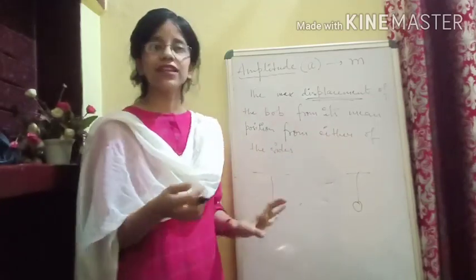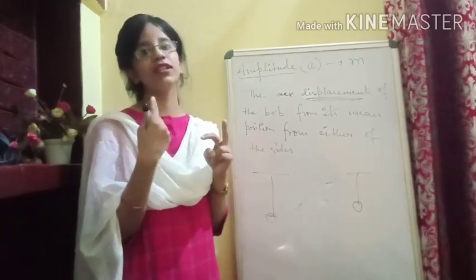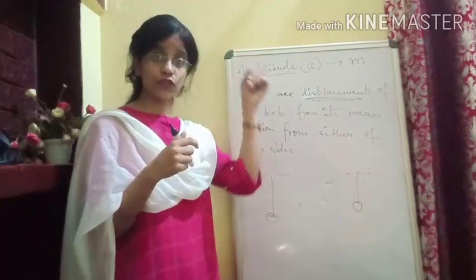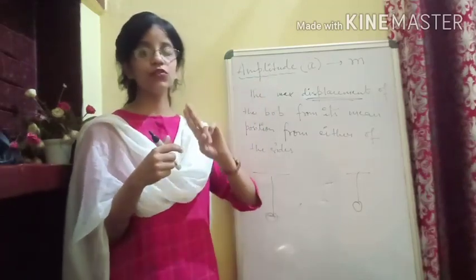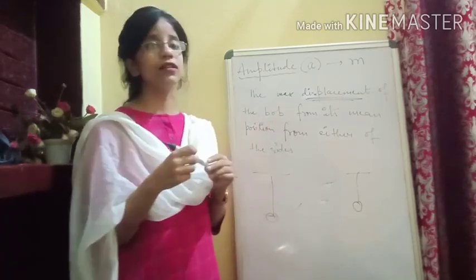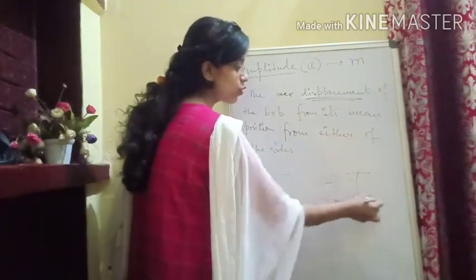And second, we have seen the frequency. Frequency is the number of oscillations in 1 second. And what is the unit of frequency? What was the unit of time period? Second. What is the unit of frequency? Either second inverse or hertz. And what is amplitude? Amplitude is the maximum displacement. When we are displacing the bob, it will do oscillation.